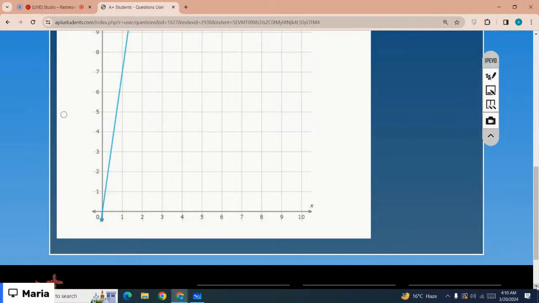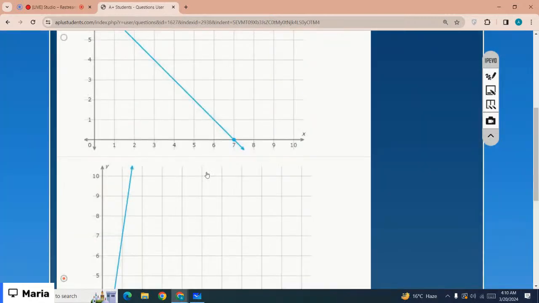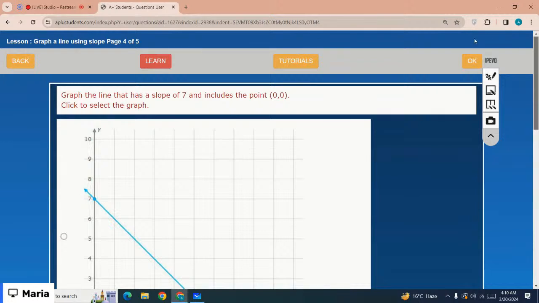The correct option is option number 2, right? Here is the line that passes through the origin. So option number 2 is the correct option.